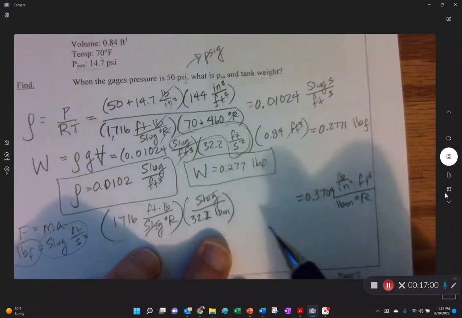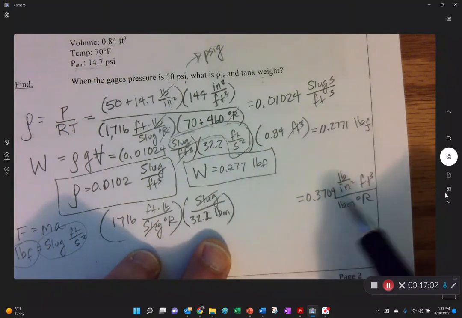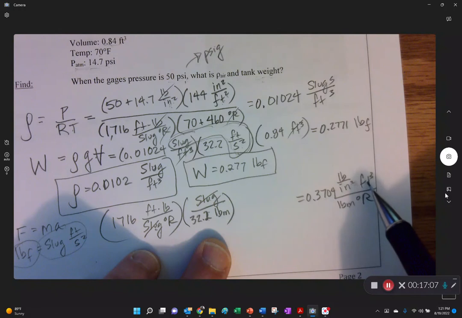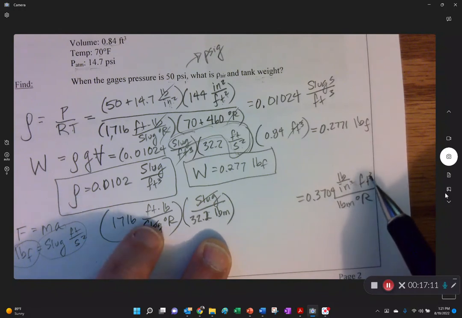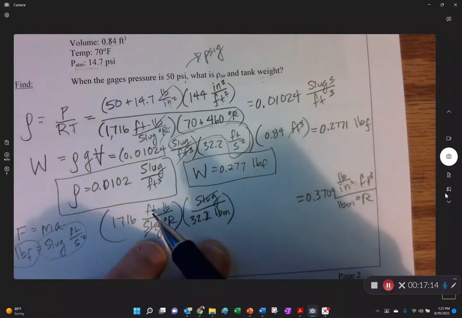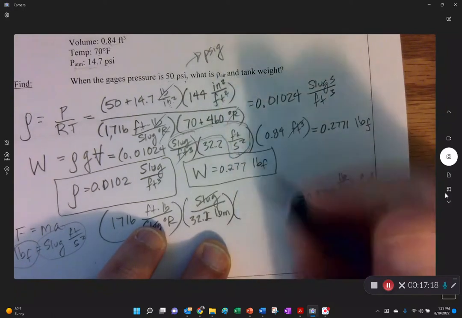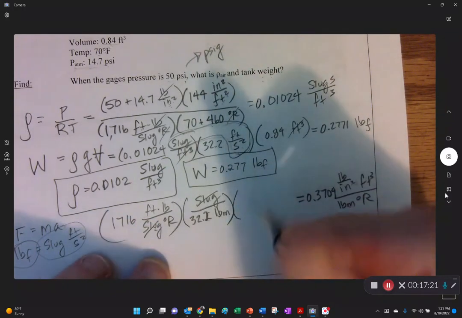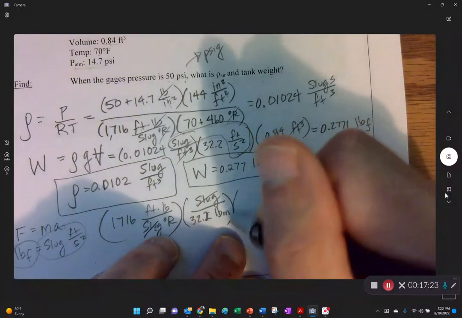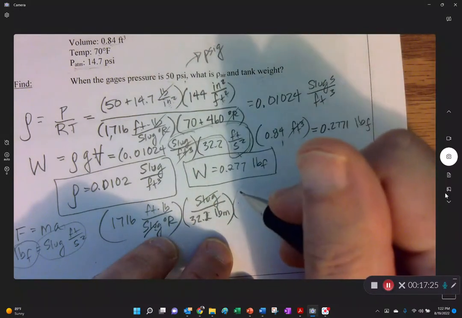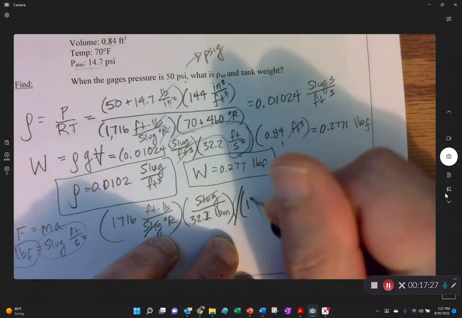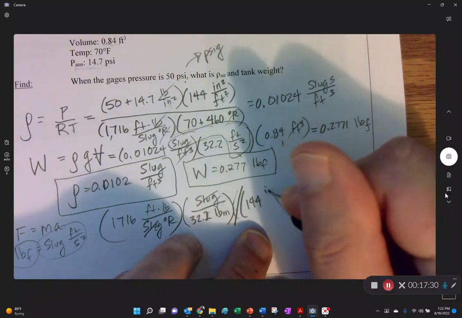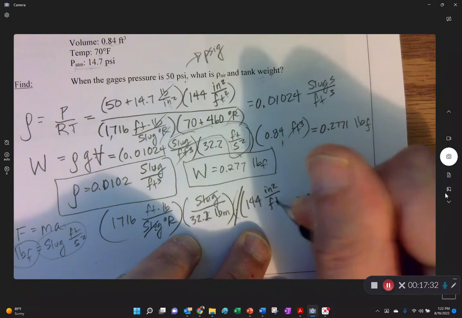Now I also have an issue here where I have pounds per square inch, and I have foot cubed right here. So what I need to do is divide by 144 inches squared per foot squared.